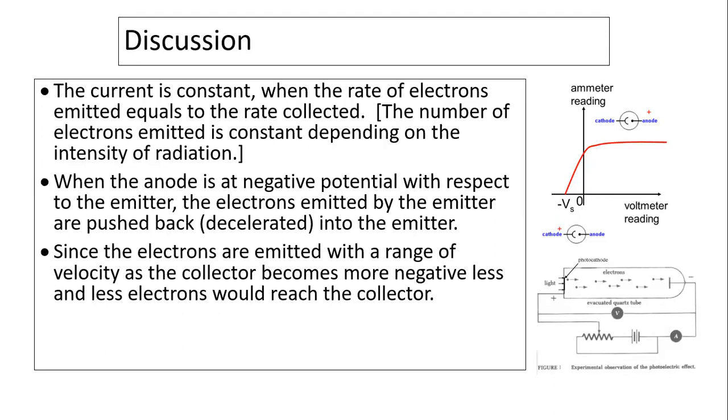Since electrons are emitted with a range of velocity, as the collector becomes more and more negative, less and less electrons are collected. So as you increase the negative voltage, less and less electrons will be collected. It means the current decreases until at minus Vs, the current is 0.